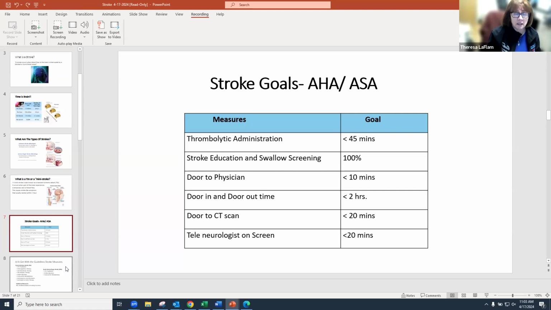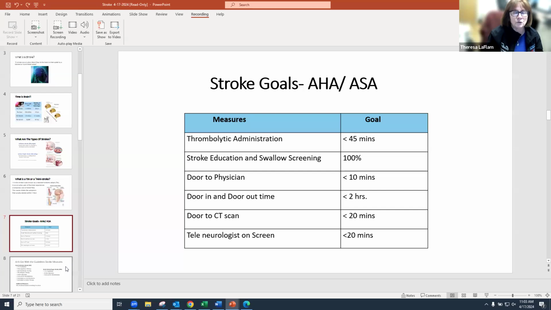But then the second clock starts now that they're here in our care and we have them in our facility and we evaluate them. Clock number 2 says, now you better get it in 45 minutes. Why wouldn't we give it in 60 minutes? Well, we'd rather give it in 45 if we can, because as we said before, every minute counts. Let's round up: if every minute 2 million neurons die, that means in 5 minutes, we just lost 10 million neurons.